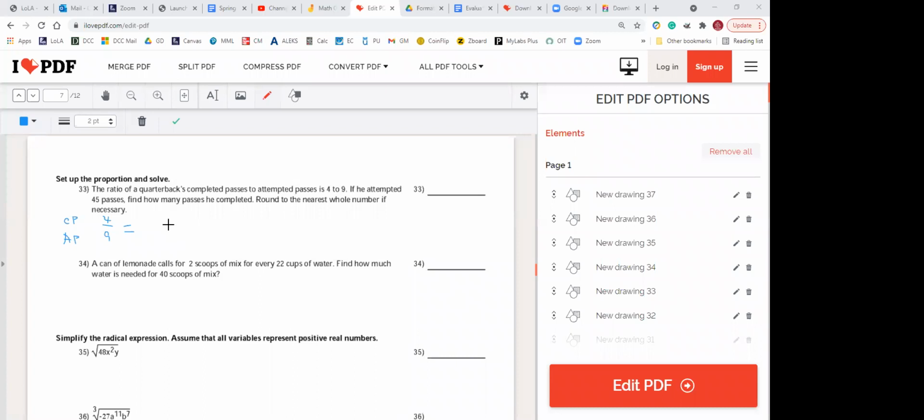But if we want to have that same ratio, and they say the attempted passes is 45, you got to make sure you put that in the right spot. You don't want to put it up here, because it says find out how many passes he would complete at that same ratio. Well, it's got to be an x up there, or a variable of some sort.